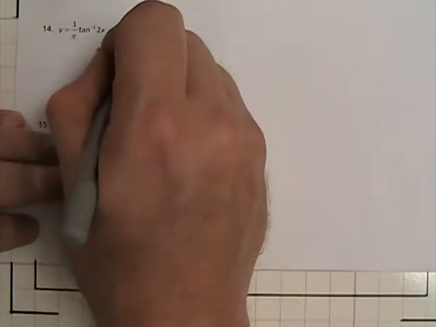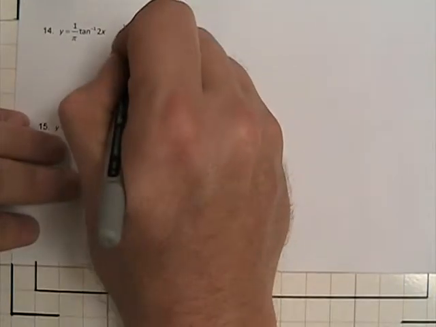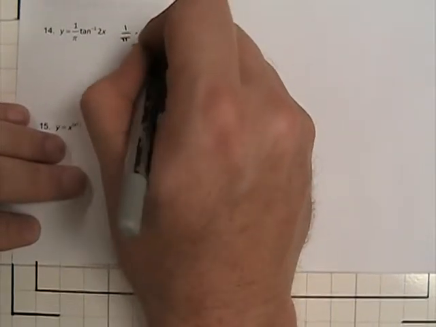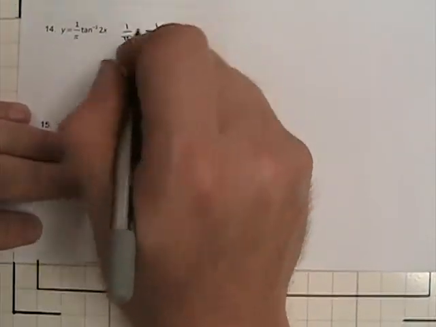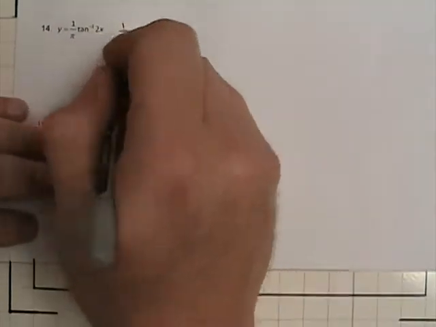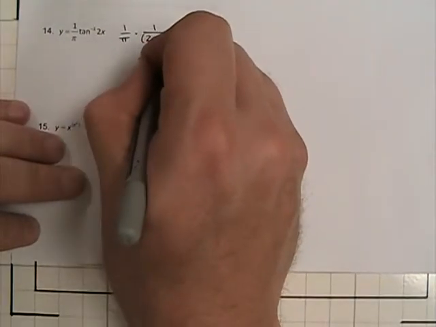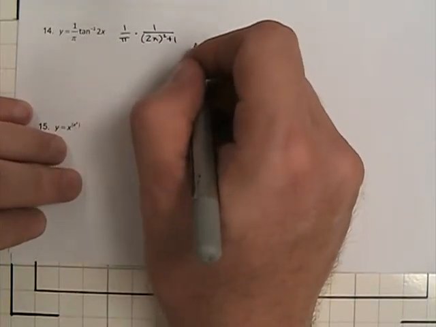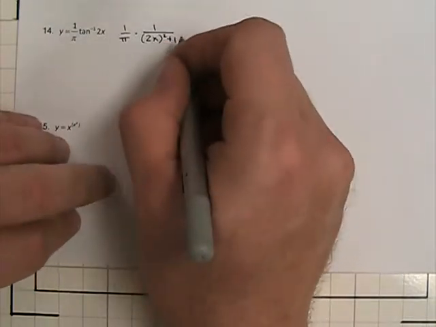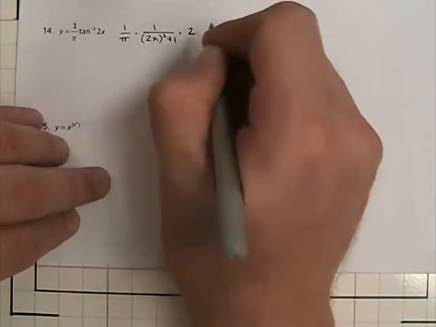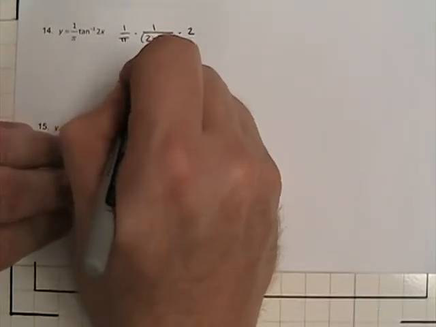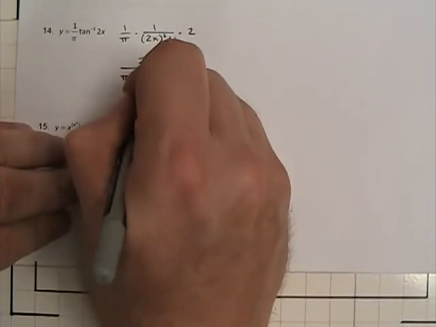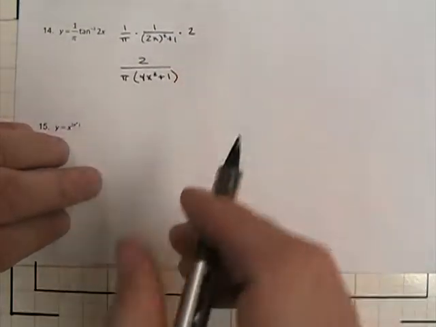So that's still going to be there when we take the derivative, times the derivative of the outside function, which is going to be, and it's x squared plus 1, or 1 plus x squared, however you like to write it, times the derivative of the inside, which is 2. This gives us 2 over pi times 4x squared plus 1.